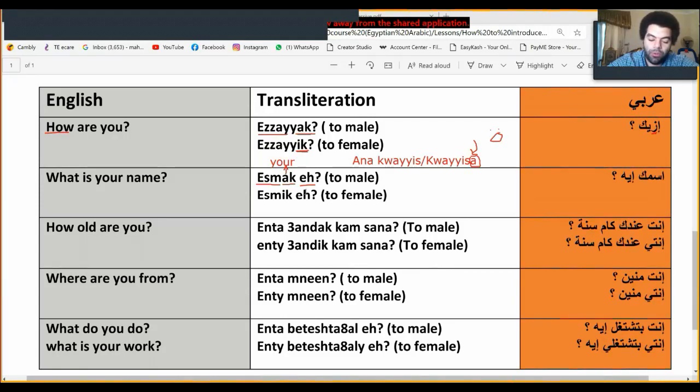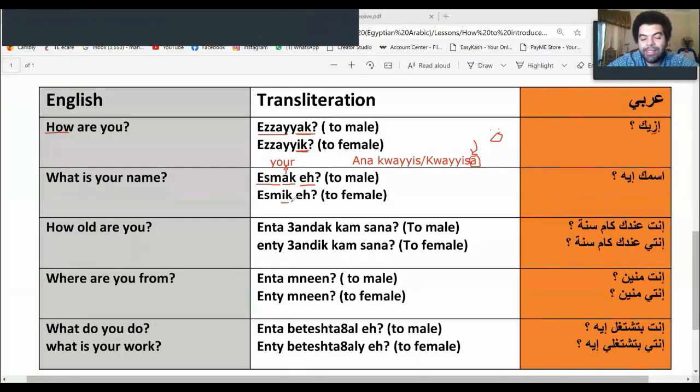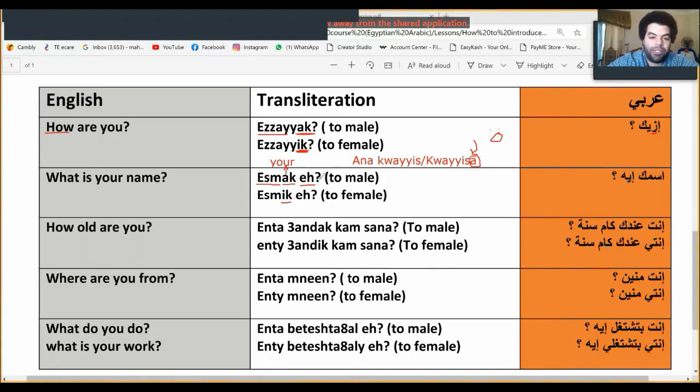And we use it at the end most of the time. So ismak eh, speaking to a male, and to a female, as you see, ismik eh. So it's the same pattern, just like ek and ik, when we said ازيك and ازيك. But here, ismik eh. And then the answer to that, you already know. You say ana ismi, and then you say your name, or you can simply just say your name. But for the sake of learning, try to use full sentences.